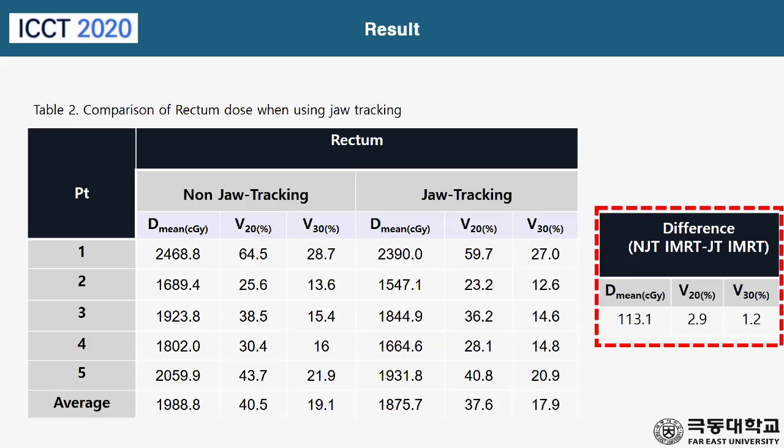Using the jaw tracking technique, the mean dose reduction of dose mean was 130.1 centigray in the rectum, and the mean volume 20 and volume 30 were reduced by 2.9% and 1.2% respectively.